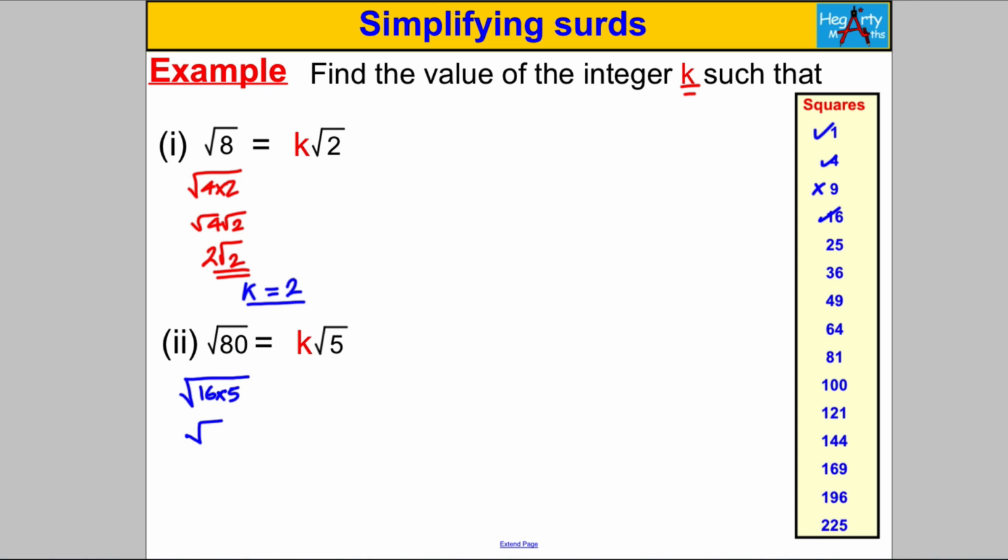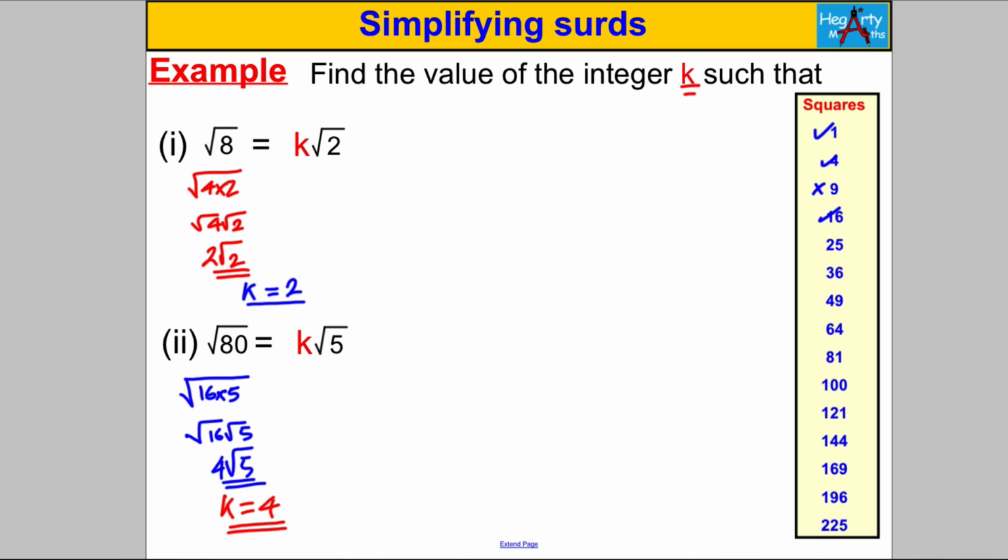So we're going to write that as root 16 root 5, and root 16 is 4, so we've got the answer 4 root 5. And we found it in the form requested, where we found k, the number, is 4. So these questions were just basically saying simplify root 8 and root 80, just in a slightly different wording format.